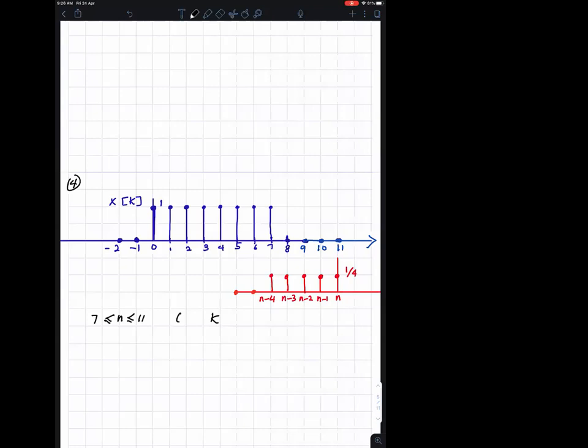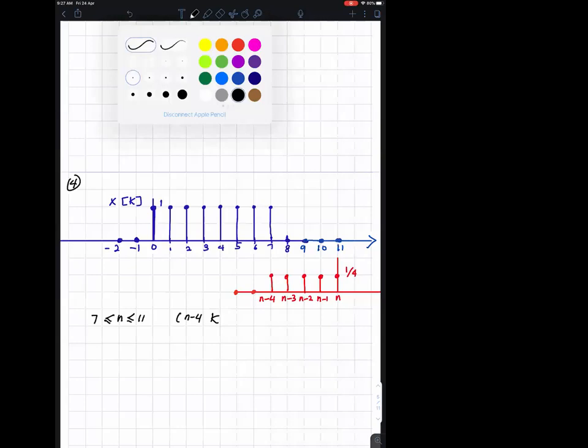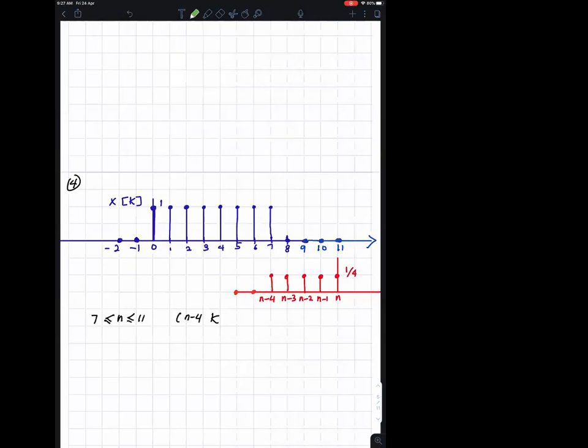K in terms of n: the lower limit is n minus 4. And the upper limit, of course, 7 is the highest point, because above 7 is all 0 signals.